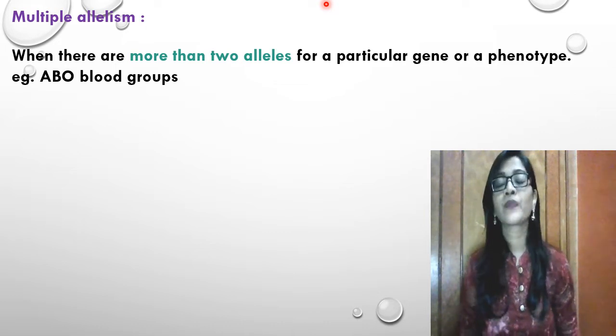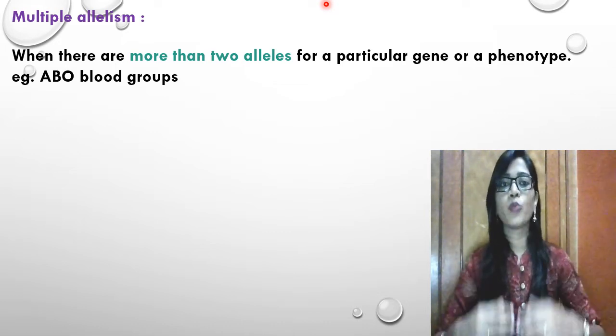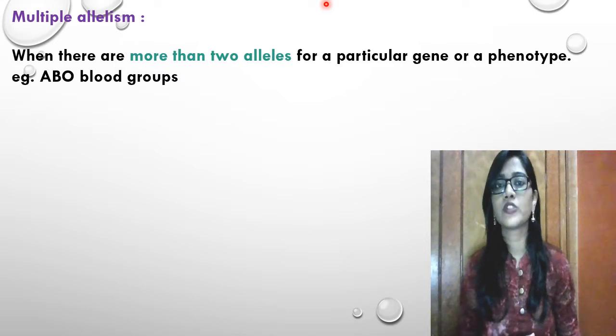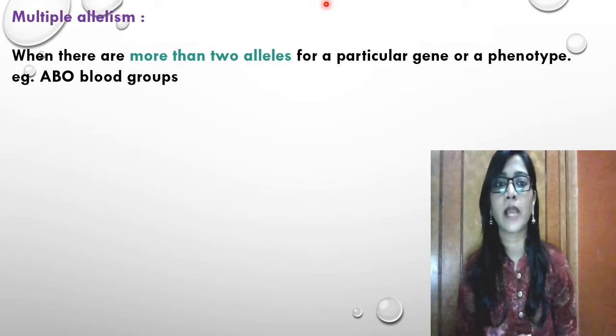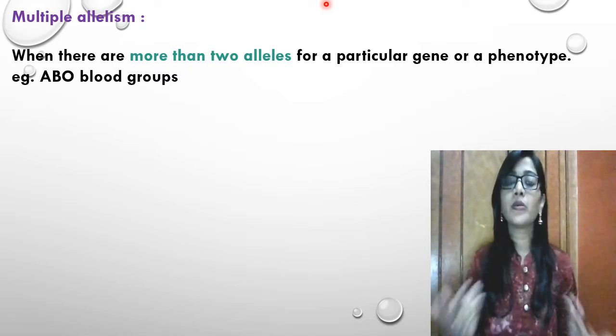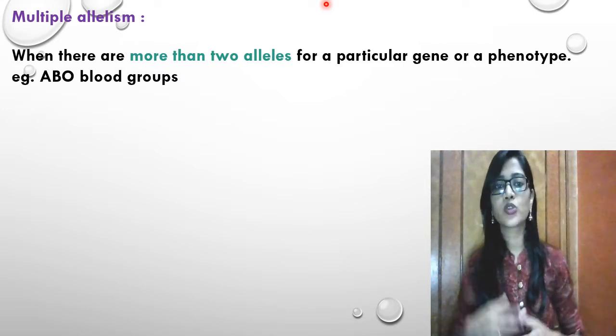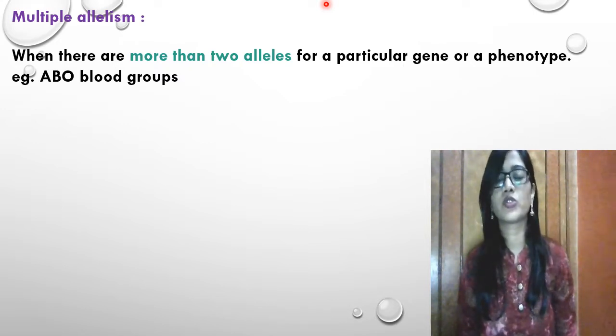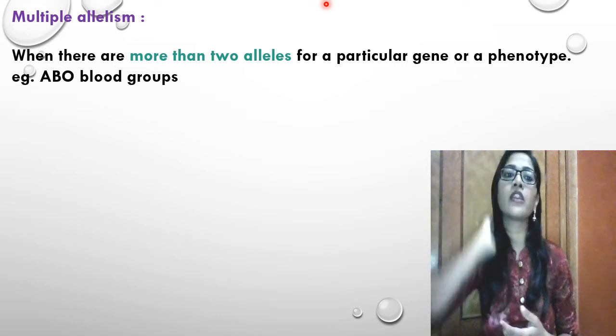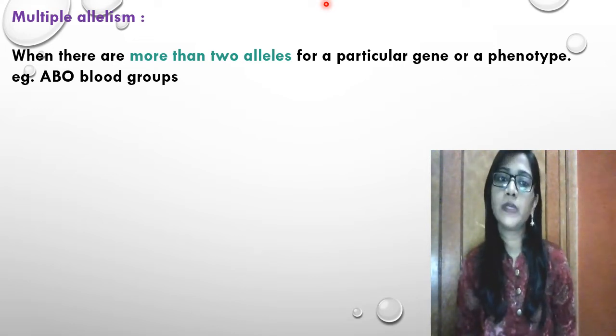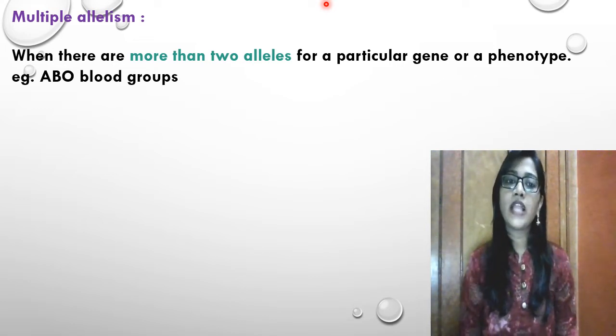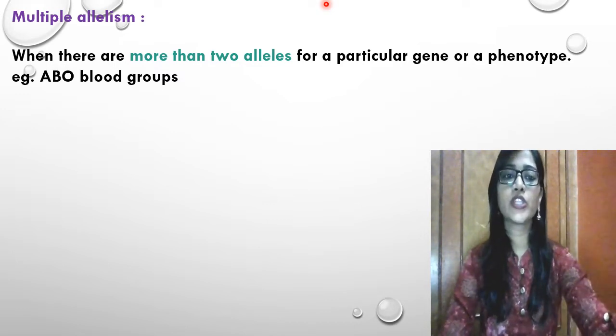In co-dominance, both alleles get expressed simultaneously, while incomplete dominance can also occur. So there are a number of phenotypes we can get through this type of multiple allelism. Wild type is dominant over all other mutant alleles, which we are going to study.